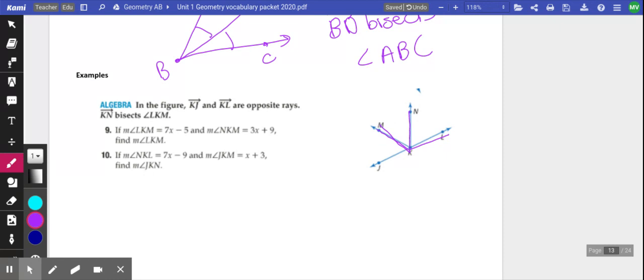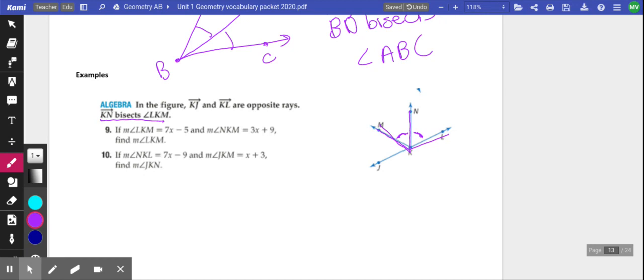Now, it's important that we read the fact that KN bisects LKM. So if KN bisects LKM, that means NKM is congruent to LKN.